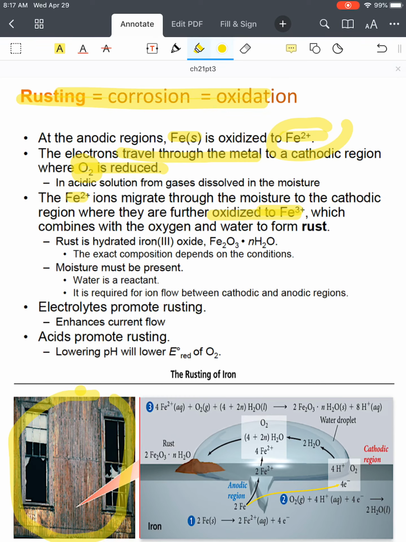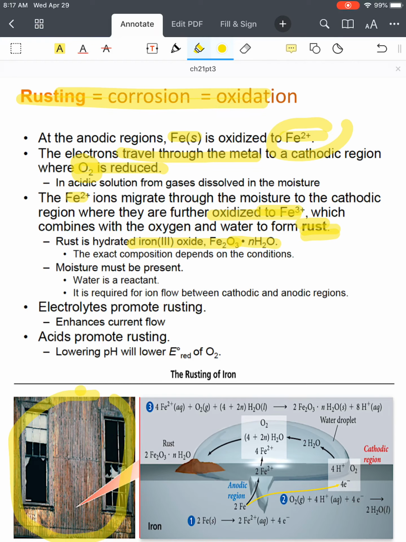And this iron 3 ion is actually what is believed to be responsible for rust formation. Because what happens is the oxide which forms from the reduction can combine with the iron 3 to make iron 3 oxide and some hydrate of water, okay?